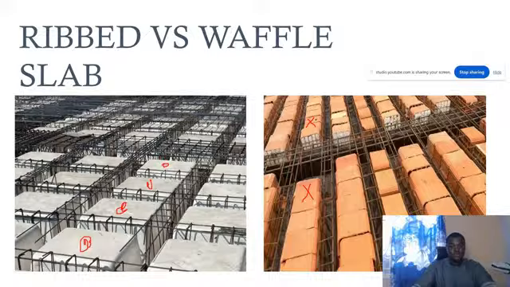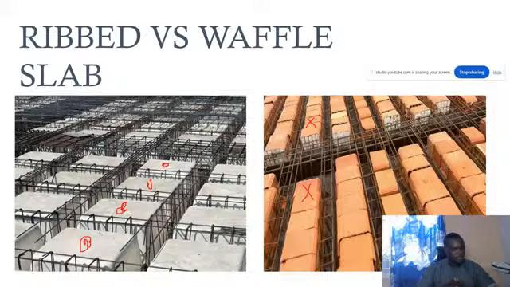So it has to be permanent with the slab. But in the case of waffle slab, most of the time the formwork or mold used is temporary, removed after hardening of the concrete. Another reason it is common for waffle slab is that aesthetically it is more pleasing to the eye compared to a full rib slab.